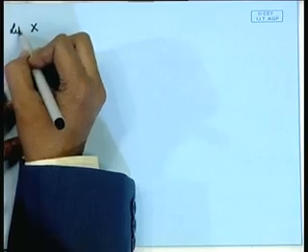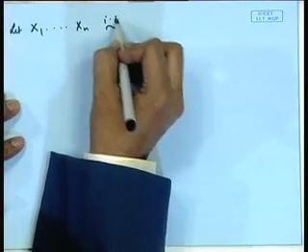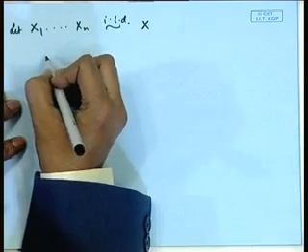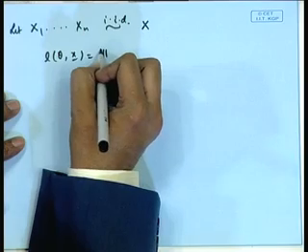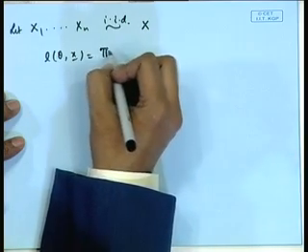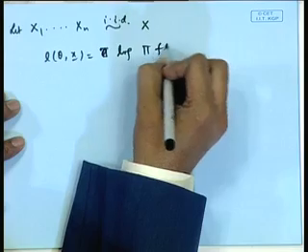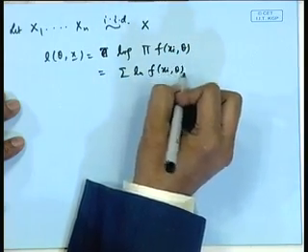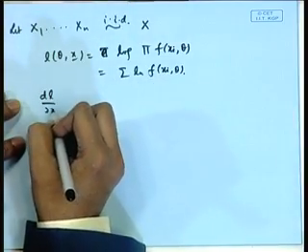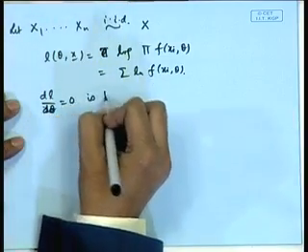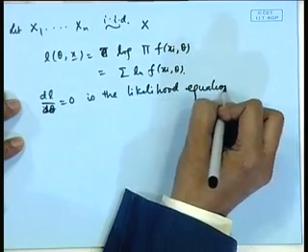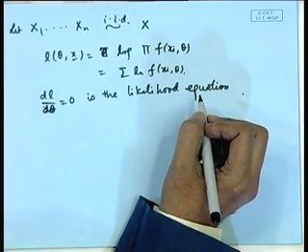So, under these assumptions on the distribution, now let us consider x 1, x 2, x n to be IID as x, and we define the likelihood as L, the log of product f(x i, theta), that is actually sigma, then d L by d theta is equal to 0 is the likelihood equation. So, we have the following result.